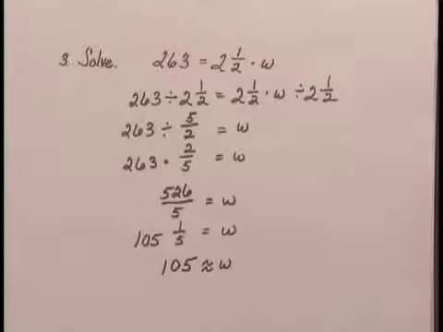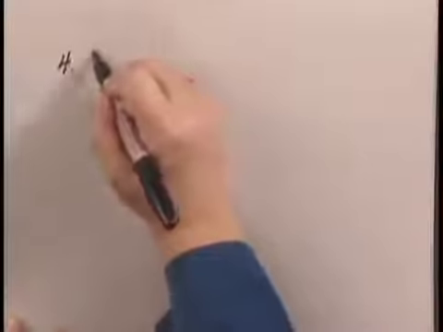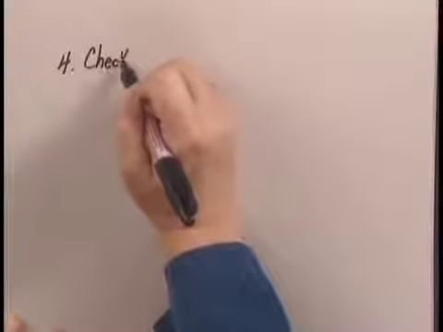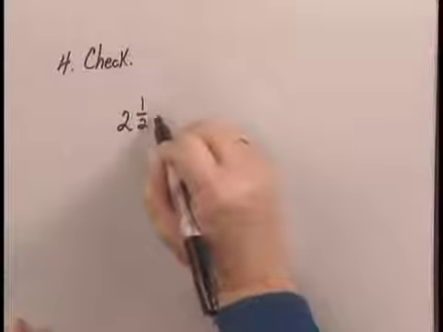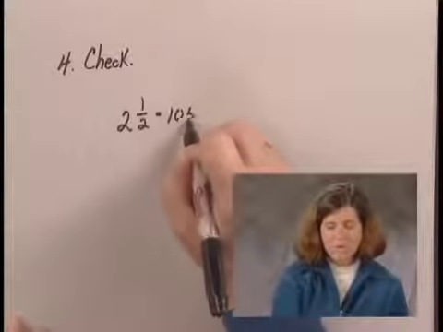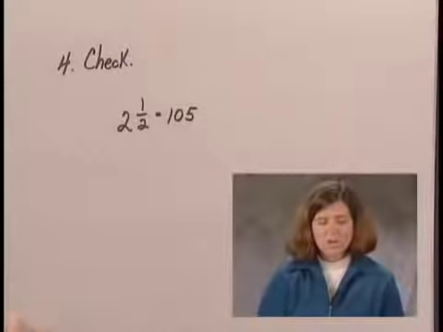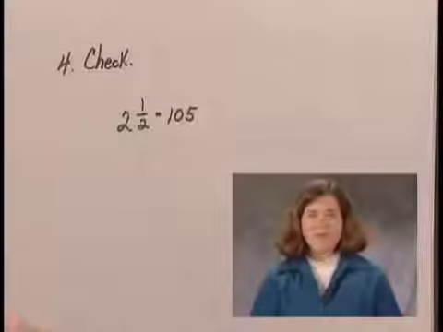Now our next step is to check the answer. And here we have a really good way to check because we divided to find the answer, so we can multiply to check. If we take 2.5 and multiply that by 105, we should get about the amount that he lifted.